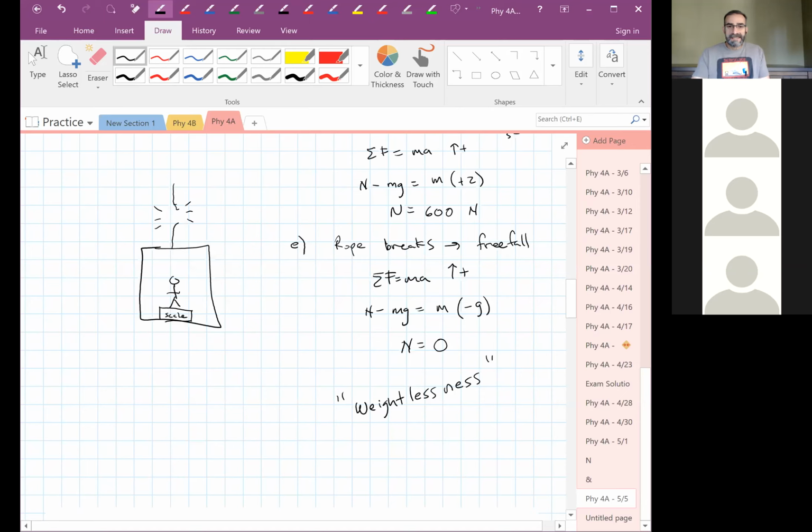So what is the person's actual weight as they're in that elevator falling? Has their mass changed? Has the force of gravity all of a sudden disappeared? No. Their mass is the same.